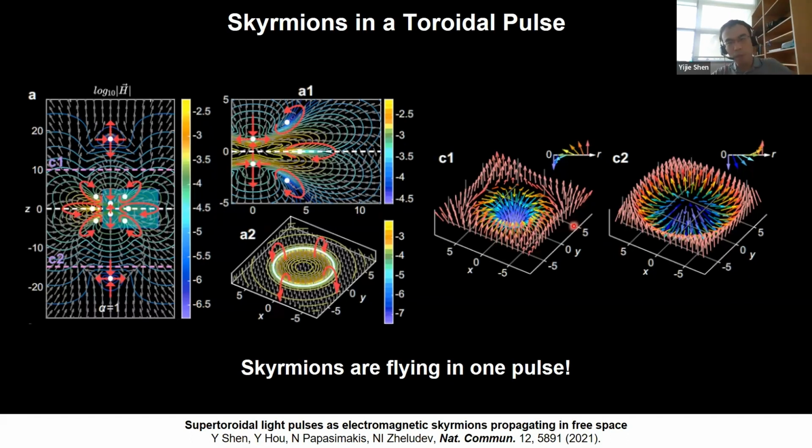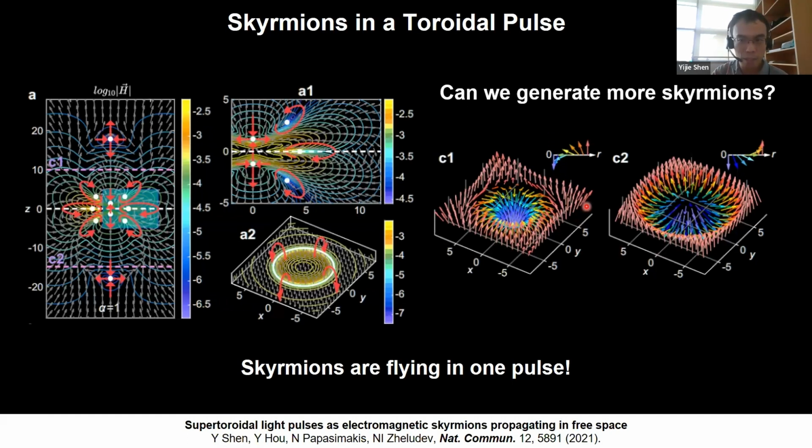Okay, where's the skyrmion? Skyrmions are coupled with the electromagnetic vortex ring. When we observe the front and end cross sections of the vortex ring, you will have two kinds of skyrmion texture with opposite helicity.